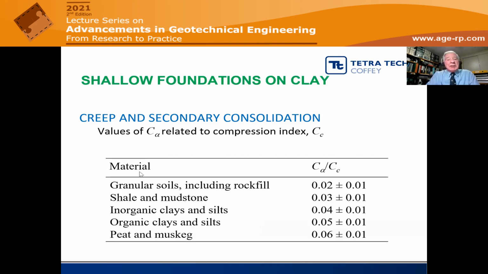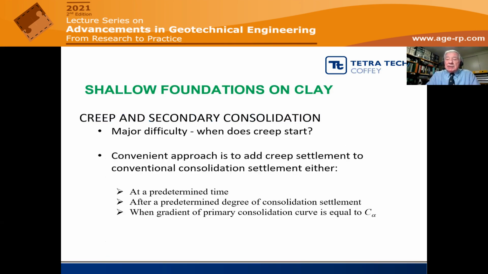Now, the work that Mesri and his colleagues did was very important because it recognized and demonstrated that this C alpha is related to the compression index of the soil, the primary compression, typically somewhere between 0.02 and 0.06 times the compression index, but around about 0.04 on average. And so if we've got the compression index, we get a first estimate of the secondary compression index.